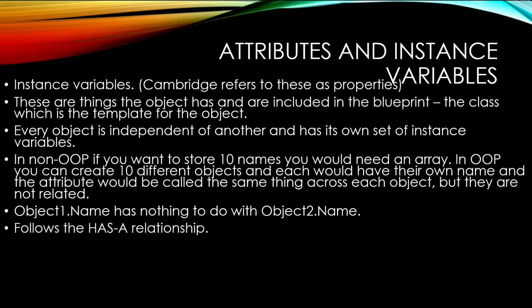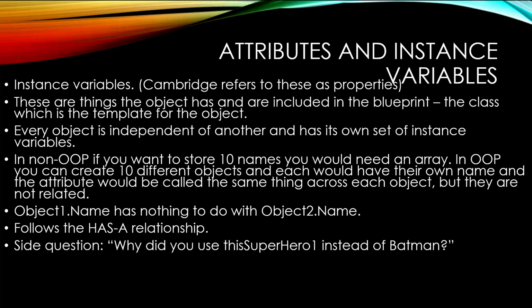Now, objects follow the has a relationship. So earlier, you may have asked, why did you use this superhero 1 instead of Batman? Well, Batman is the name that I would choose to use as a variable or as an object name. The user would never see that.